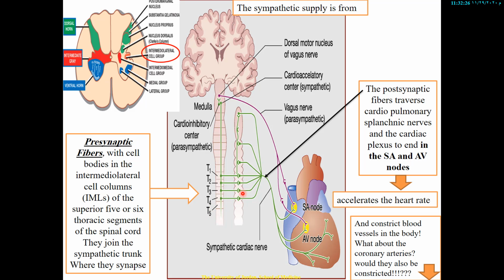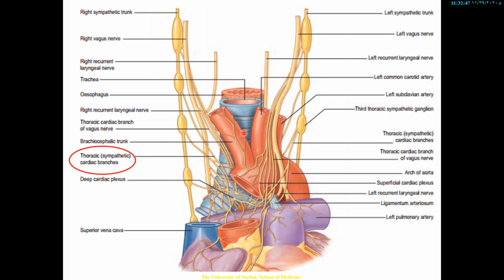These nerves just synapse in the sympathetic trunk, and their postsynaptic fibers traverse the cardiopulmonary splanchnic nerves and the cardiac plexus to end in the SA node and AV node. So in this picture, the thoracic sympathetic cardiac branches, as you can see, are coming after synapsing in the sympathetic trunk.